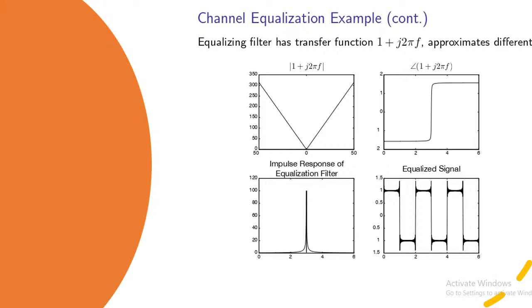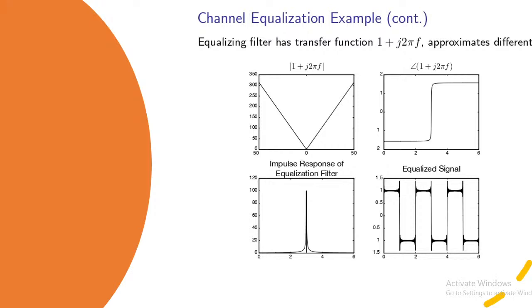So at the desired frequency, there is a phase change from minus 1.5 to 1.5. Earlier, because of the channel distortion, it was 1.5 to minus 1.5. So the phase change is reversed.